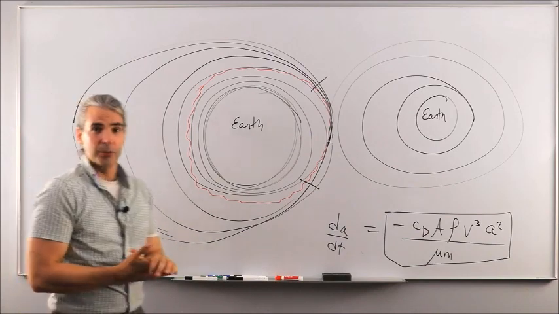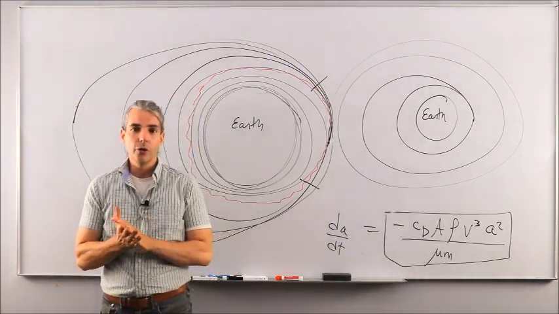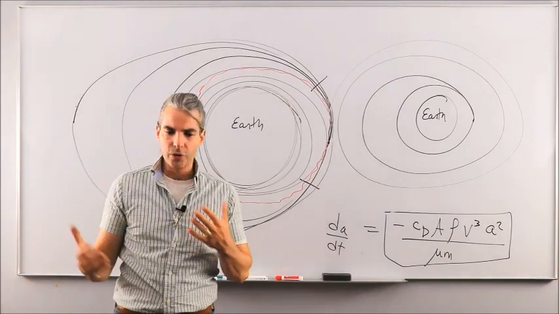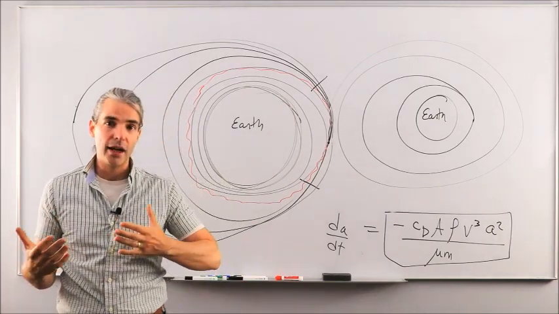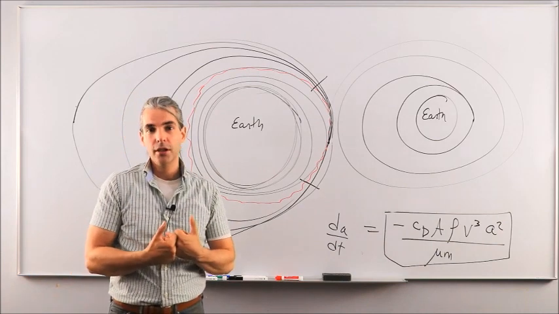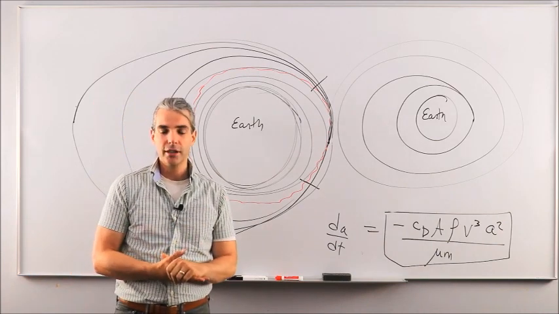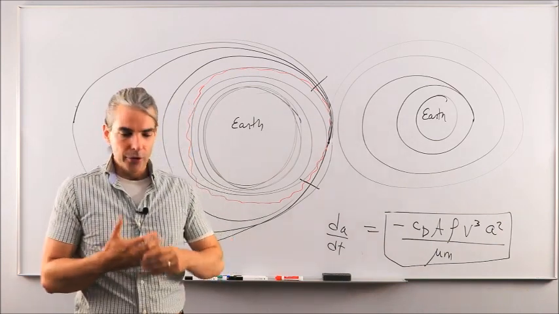So this concludes Chapter 3, our discussion on orbital perturbations. Hopefully now you understood the necessity to have the tools we have at our disposal, which are the Gauss variational equations, and how to use them practically.